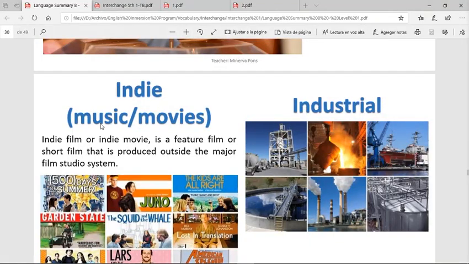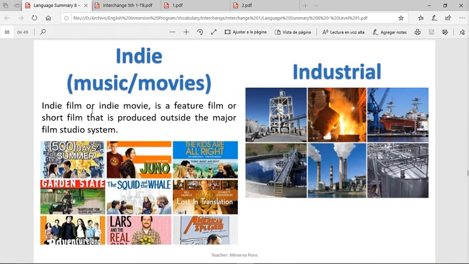Okay, indie, music or movies. An indie film or indie movie is a feature film or a short film that is produced outside the major film studio system. 500 Days of Summer, Juno, The Kids Are All Right, Garden State, The Squid and the Whale, Lost in Translation, Lars and the Real Girl, American Splendor. All of these are indie movies.